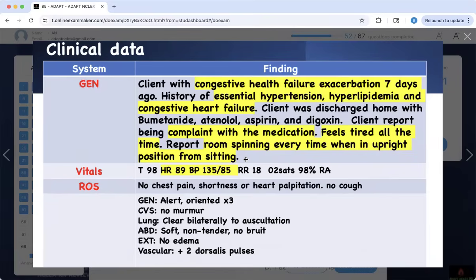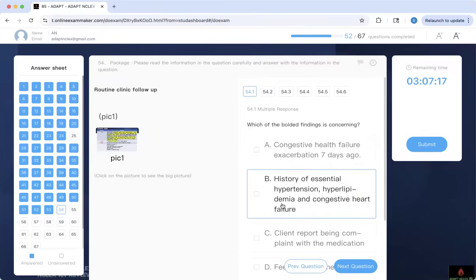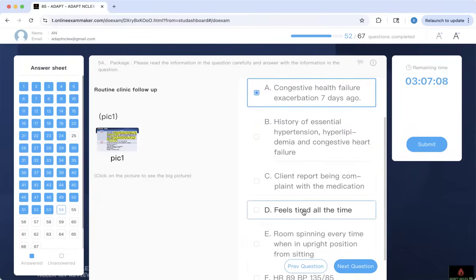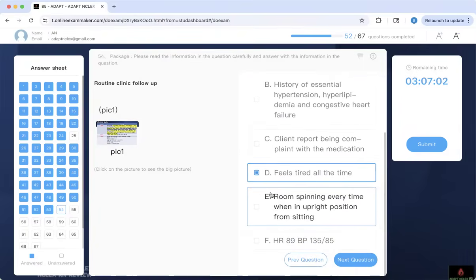If you're tired all the time, the room is spinning, you've got to put it in perspective. What do you think is going on with this patient? Exacerbation for 7 days is not good. Feeling tired all the time is not good.